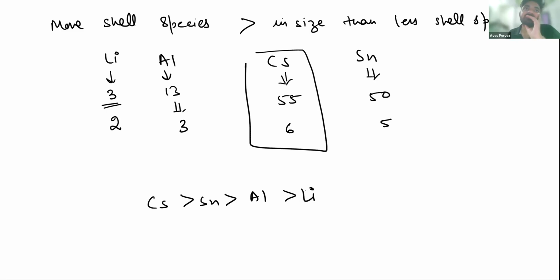And if the shells are similar, if we have 2 species with the same number of shells, then what would happen? We'll use a different rule here.